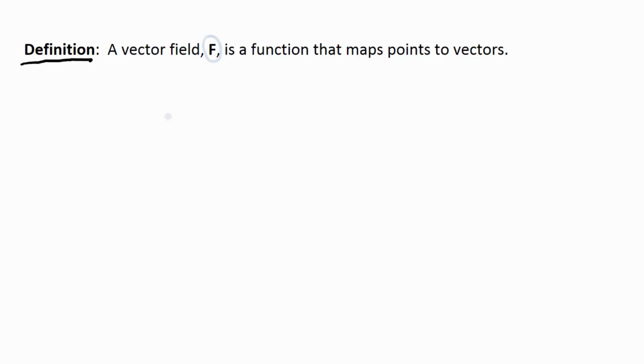So to represent this symbolically, we could say F of x, y, two ways to say it. If we're mapping a point in R2 to a vector in R2, then the input would be just x and y. And we could think of the i component as a function of x and y. We'll call it P. So P of x, y times i, and then we could think of the j component as a function of x and y too.